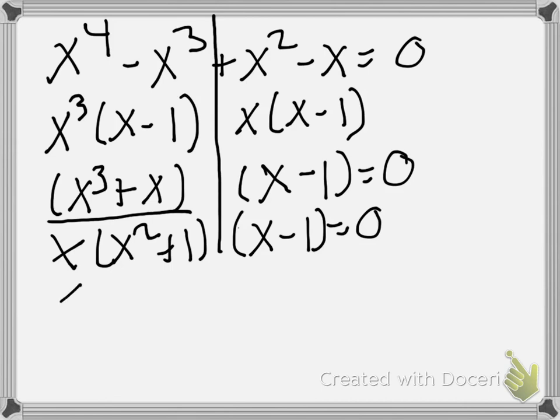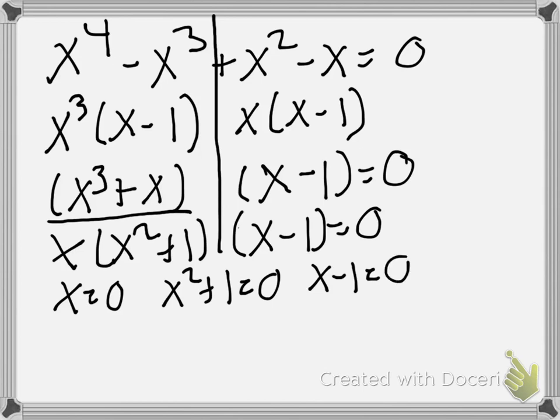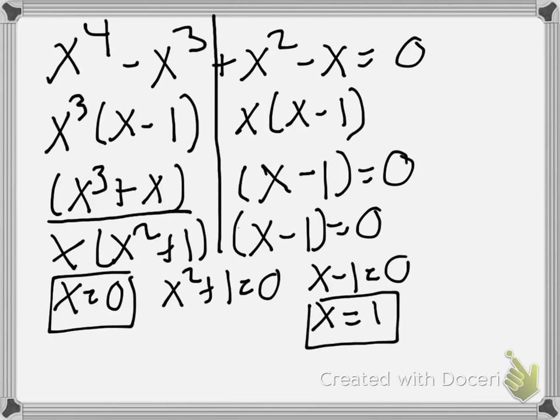I have x equals 0, I have x squared plus 1 equals 0, and I have x minus 1 equals 0. Well, this one's done, and this one's easy. This is just x equals 1, but we still have a little bit of work here, x squared plus 1.